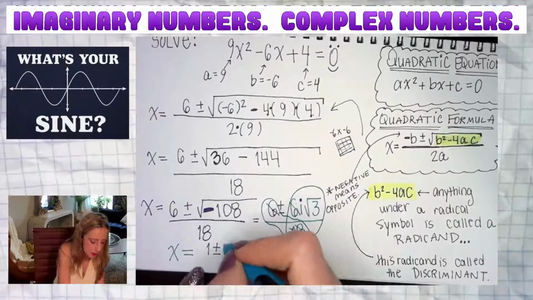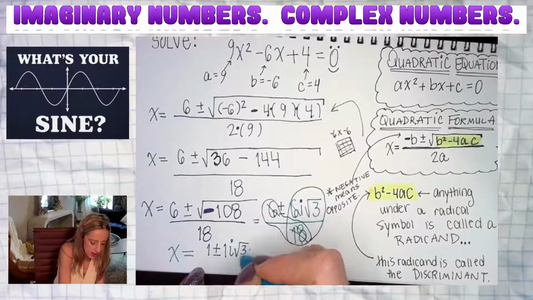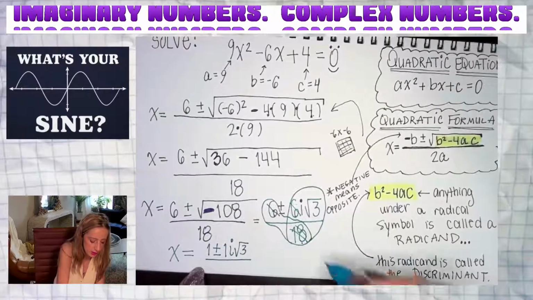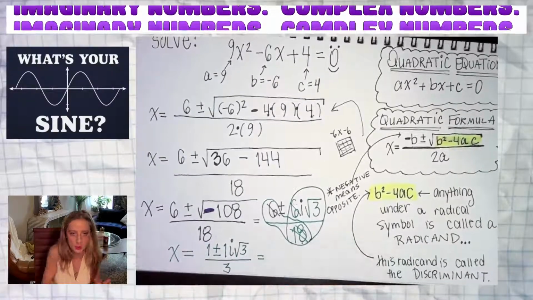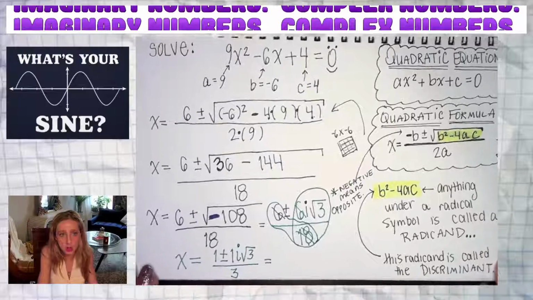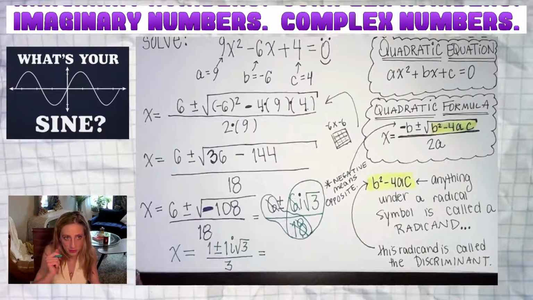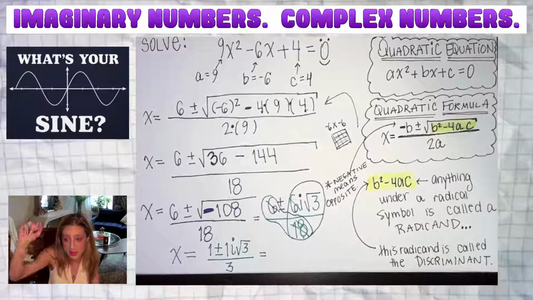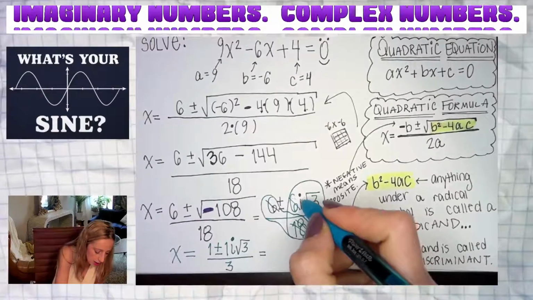Now, I'm going to write it 2 ways. You could write 1i root 3 all over 3. Or perhaps, and remember when we did I told you guys make sure that you are really specific that this is a 1 and this is an I. So do you see I'm making the dots on my I heavy and dark, okay?